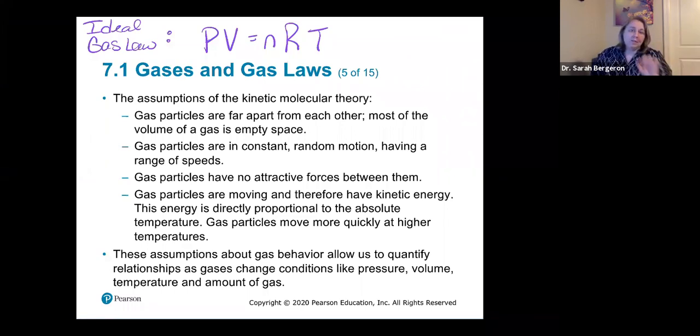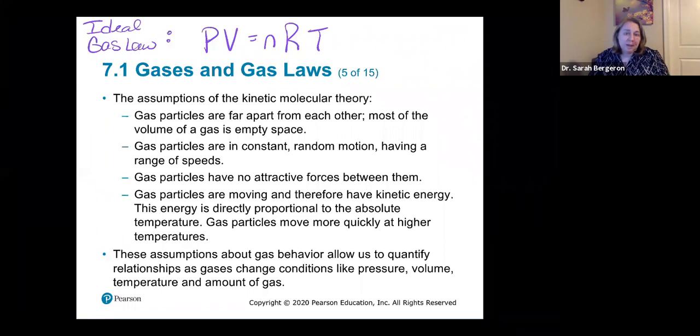They're in constant random motion, and they have a range of speeds. So the heavier something is, the faster it's going to go, right? You can think about a really big vehicle being really hard to stop because it's so big and it's going so fast. Gas particles, since they're so far apart, we assume have no attractive forces between them.